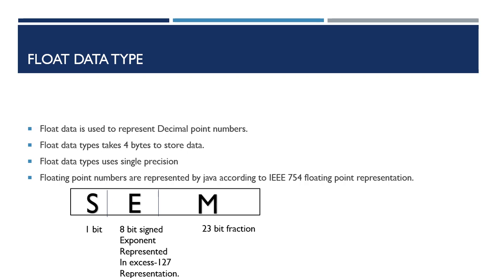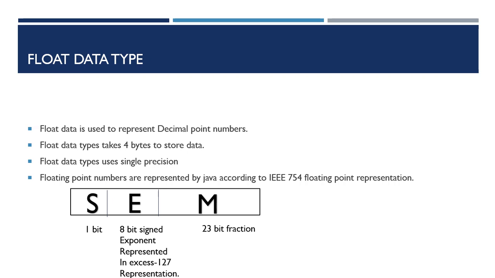The first bit is the sign bit. Another part is the exponent, which takes 8 bits. The next part is the mantissa, which takes 23 bits. The sign bit represents whether the number is positive or negative.